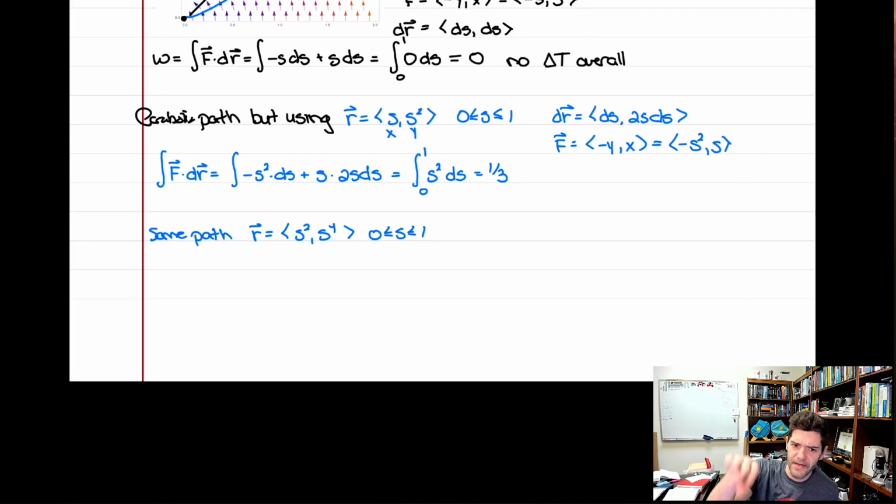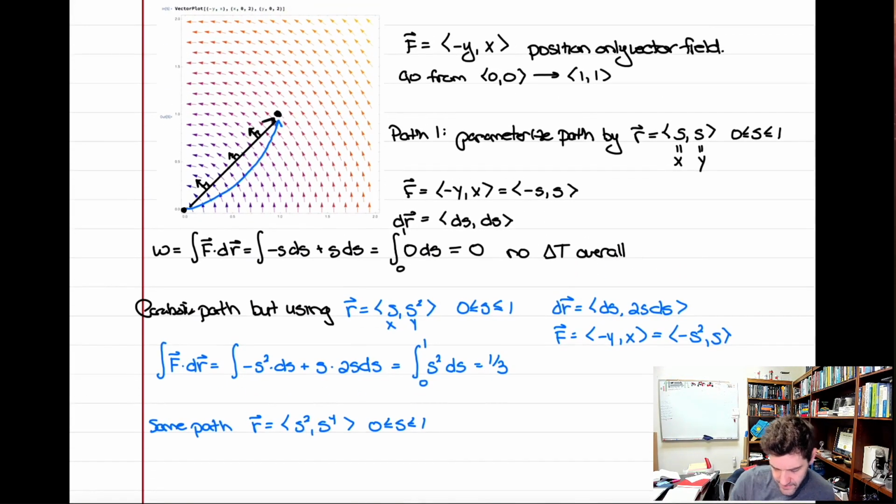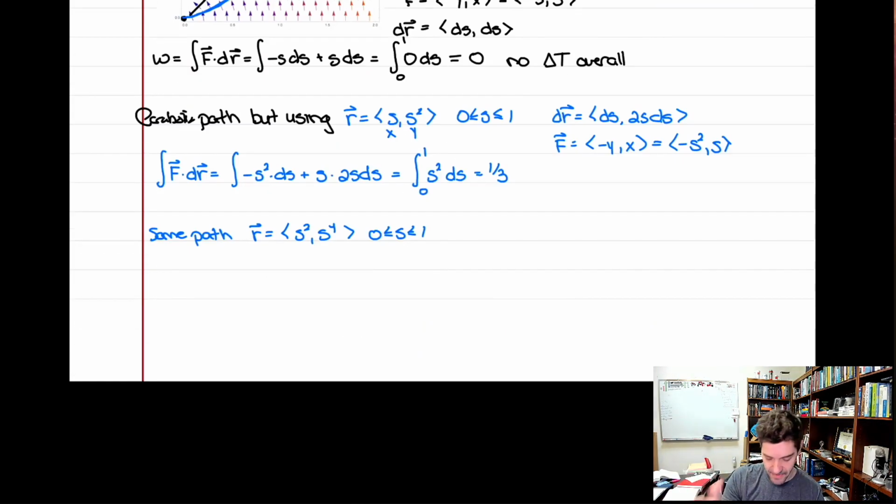It's not that hard to imagine that this would trace out the exact same path at the end of the day. It would be the same exact curve once you drew out the entire curve. If you were looking at an animation as s went from 0 to 1, the dot might be at different places compared to the previous path at different times, but it would still trace out the exact same shape at the end of the day, and that's all that matters. It does not matter what the parameterization is as long as it traces out the exact same path, ultimately, from start to finish.